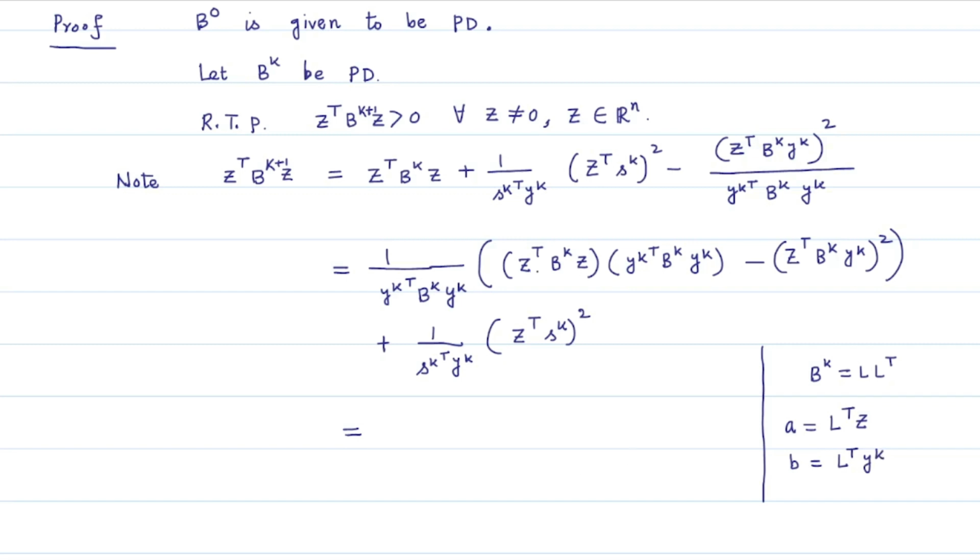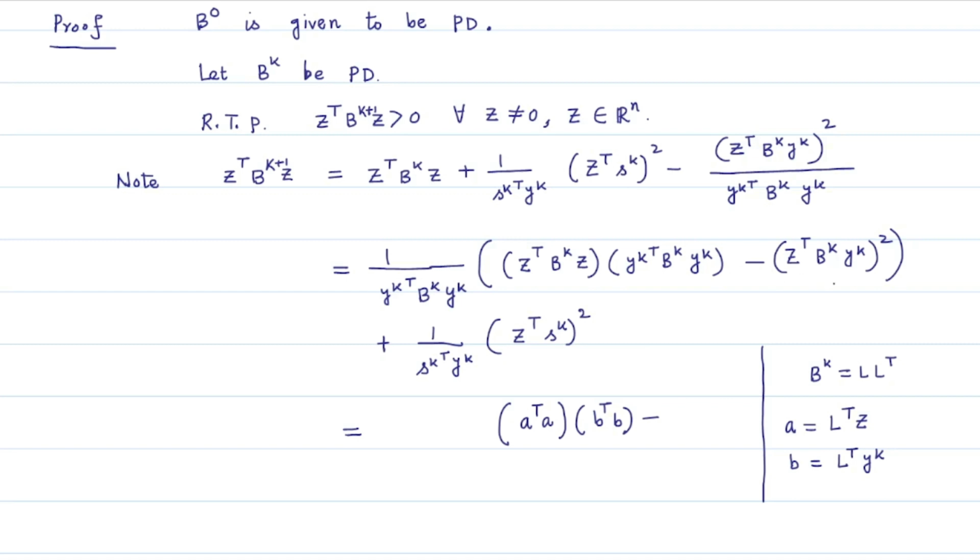Then we notice that z transpose Bk z can be written as a transpose a, and yk transpose Bk yk can be written as b transpose b.